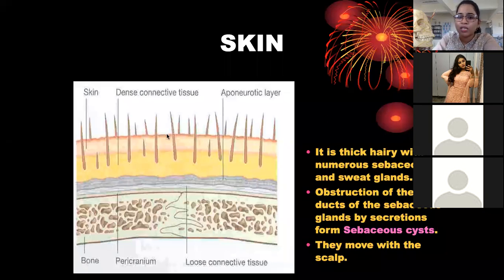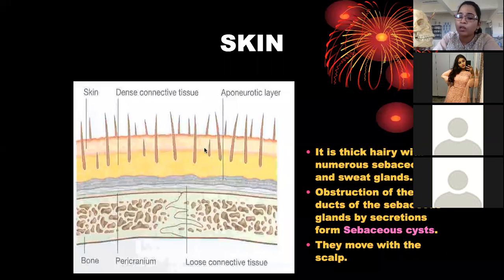So what is the applied aspect of the skin layer? In the skin layer, we have sebaceous glands and sweat glands in the dermis, which secrete into the root of the hair follicle. But what happens when these pores are blocked by infectious material, dust particles, dandruff, or anything?